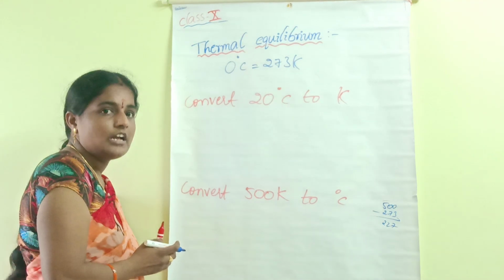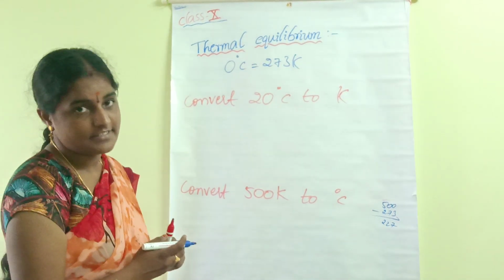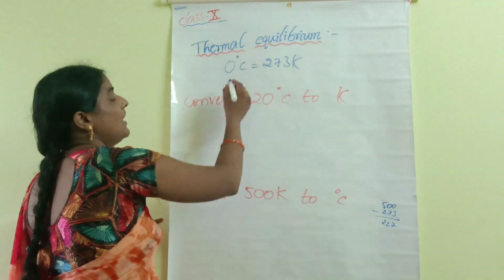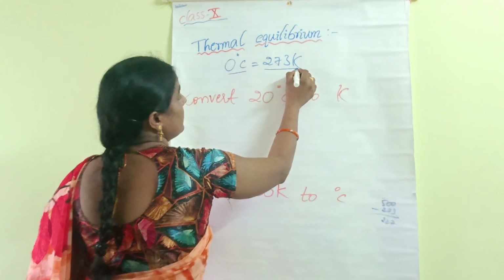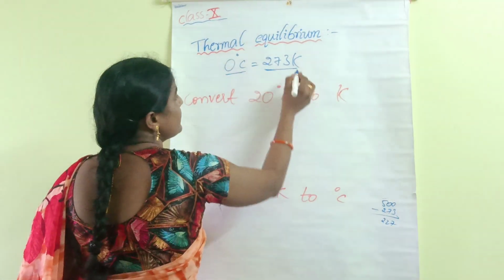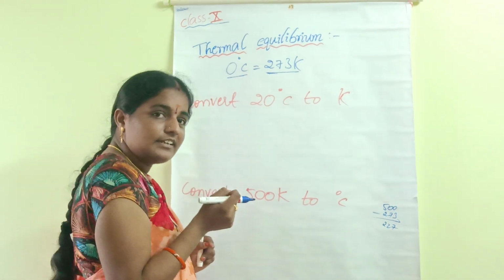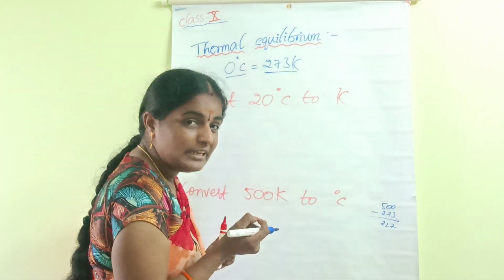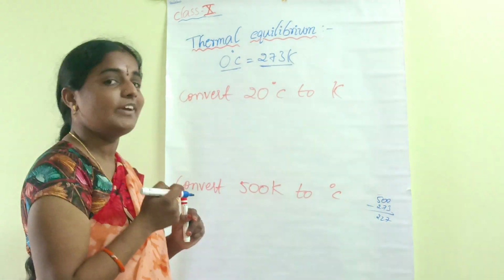Later you will learn how to convert Celsius to Kelvin and Kelvin to Celsius. 0 degrees Celsius is equal to 273 Kelvin. How can you say that? On some scales you can observe that the scale starts from 1 millimeter, on some scales from 1 kilometer.